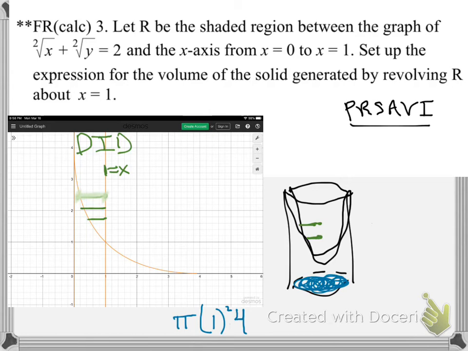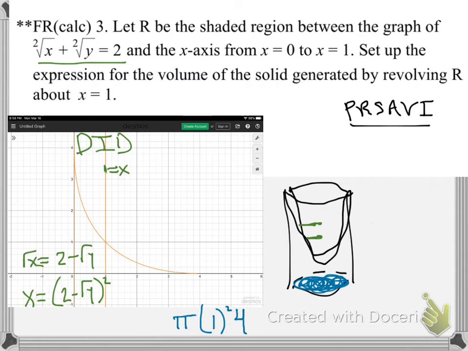So I need to know the x value for my curve, and this is again where I could solve for the x value. I can solve it like this, and I could square both sides. So that's my x value for my curve. Keep in mind, I'm going from this x value right here back to this x value on the curve right there.